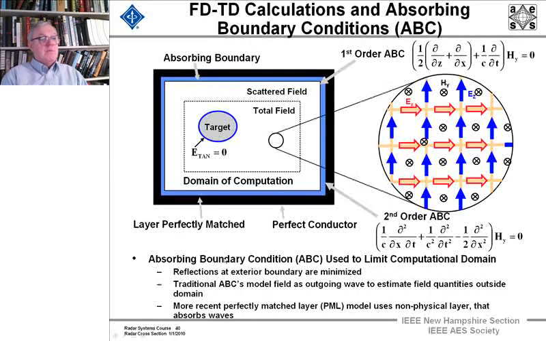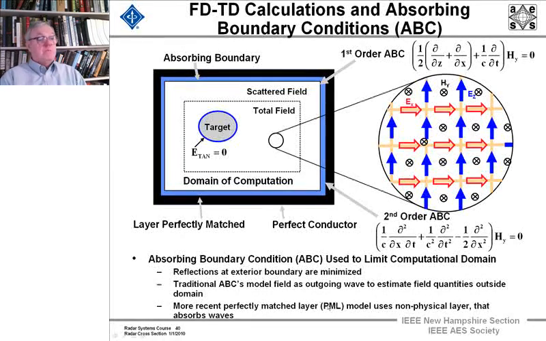These ABC conditions are used to limit the computational domain. The reflections at the exterior boundary are minimized, and the traditional ABC models fields as outgoing waves to estimate the field quantities outside the domain.